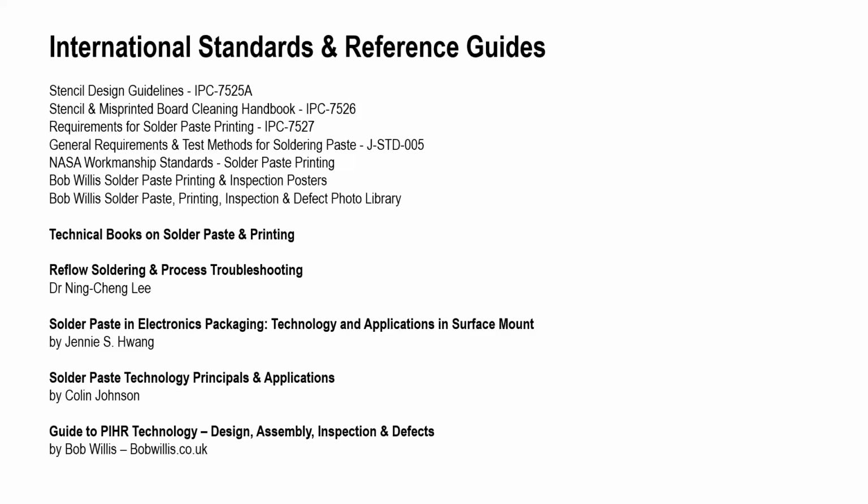So you've got stencil design, cleaning of stencils, requirements of solder paste, and general requirements and test methods of solder paste for the J standard. Those documents are all available. You obviously have to pay for those. The NASA standard is available as a search. If you search it online, you'll find that.